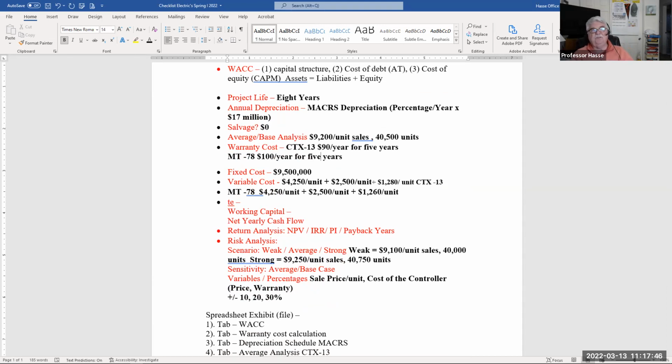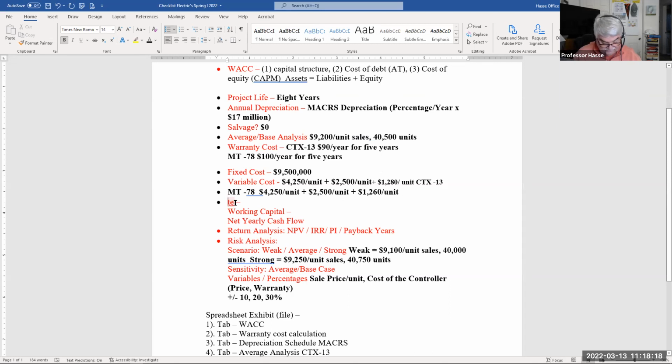That's why the warranty cost is going to be the exact same dollar amount every year, because every year, 1 through 8, you're producing a product, and in the case of the average base case, 40,500 units, that has the same warranty cost per unit every year because you're including inflation in that calculation of the present value. So this requires a little analysis, a little thinking, and a little interpretation. And that's what I'm looking for in this case.